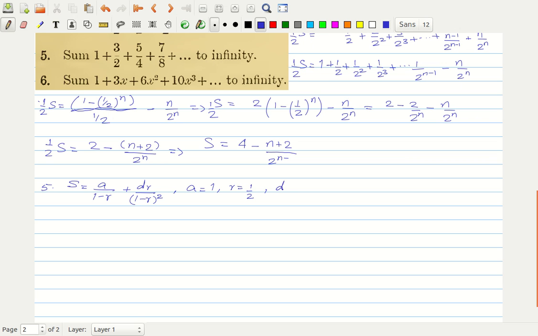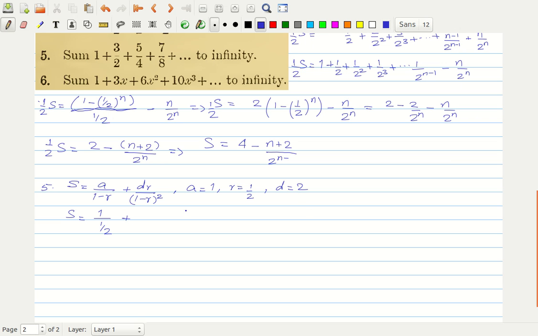And what is the common difference d? D is 1, 3, 5, 7. So this is d is equal to 2. Now if you plug these values, what you get is 1 divided by 1 minus half. So it is 1 divided by 1 minus half is half, plus d times r.